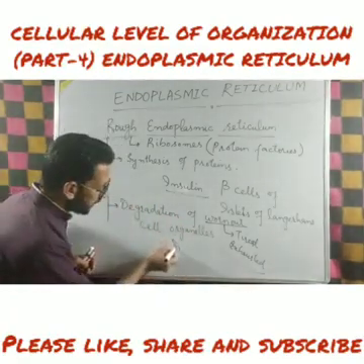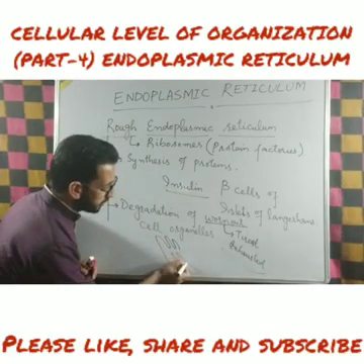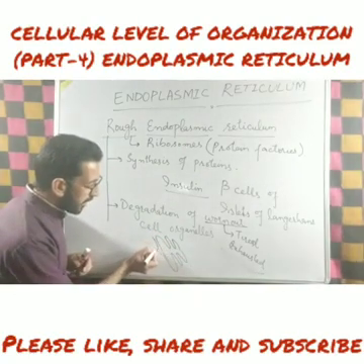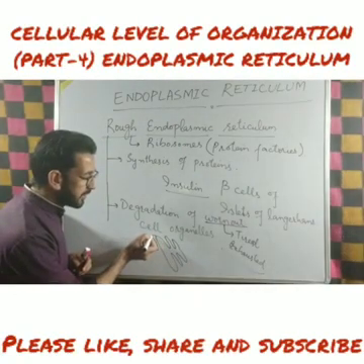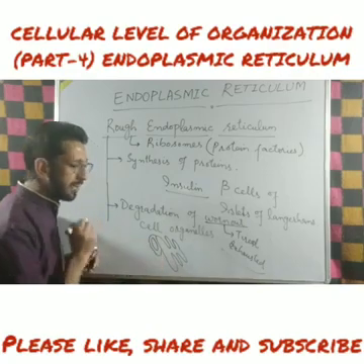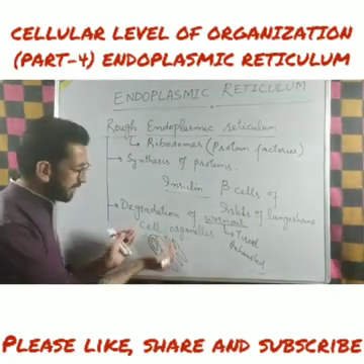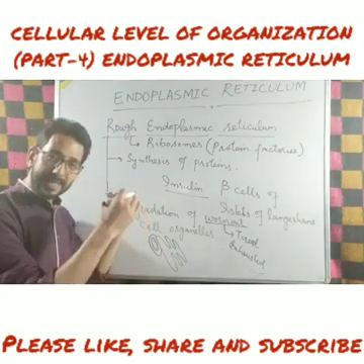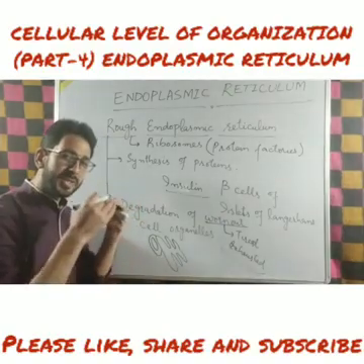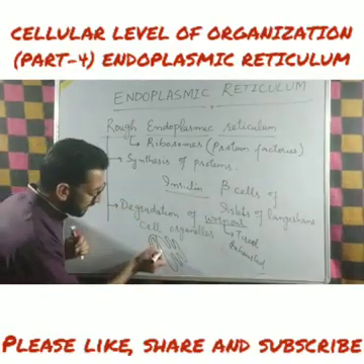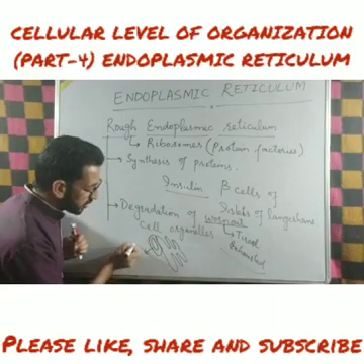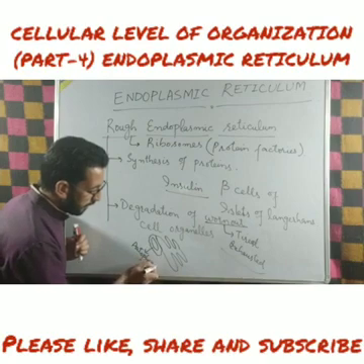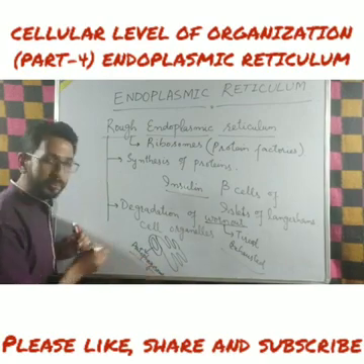Okay, for example, this is the rough endoplasmic reticulum. This rough endoplasmic reticulum wraps itself around the worn out cell organelle, and then they form a structure called an autophagosome.